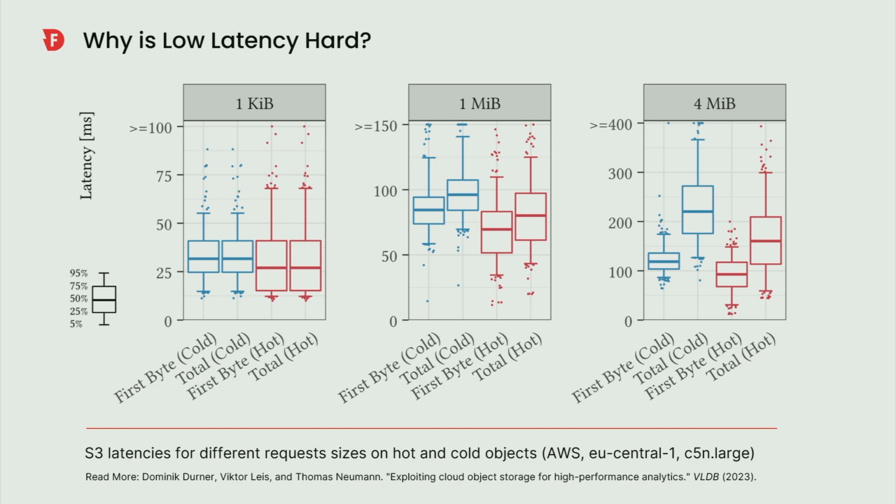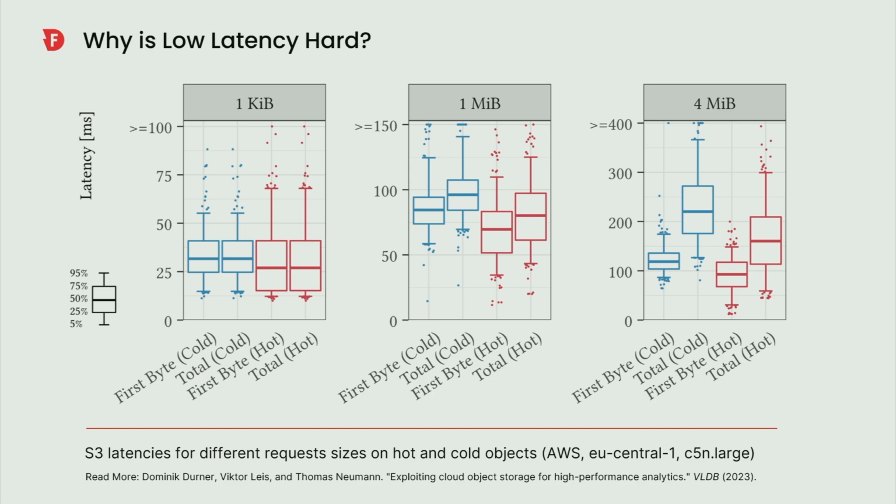So this is a figure from a paper from our friends at TU Munich, where you see the access latency to access differently sized objects on object storage, in this case in EU Central 1 on AWS. And what you can see is that even for tiny files or tiny objects on object storage, you'll need at least 25 to maybe 50 milliseconds with pretty heavy outliers to read that.